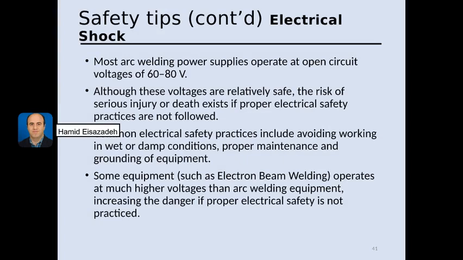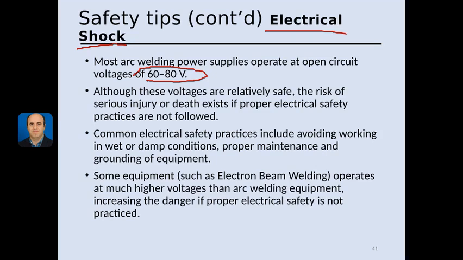Some more safety tips about the welding process. This part is about electrical shock. Arc welding machines are all based on 60 to 80 volts. So the voltage is lower than the household voltage.